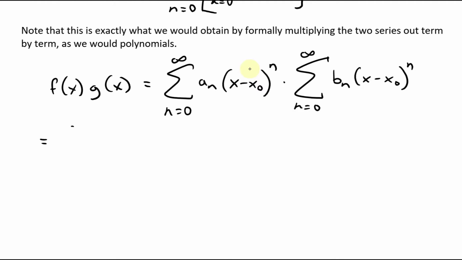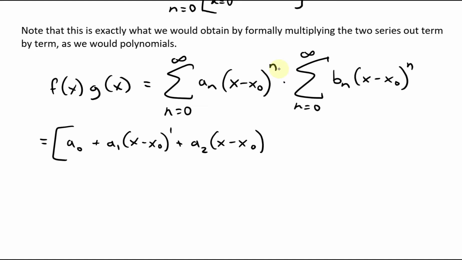We're going to need a lot of space. The first term is a naught, since (x minus x naught) to the power of 0 is just one, plus a1 (x minus x naught), plus a2 (x minus x naught) squared, plus dot dot dot, all the way to the n.